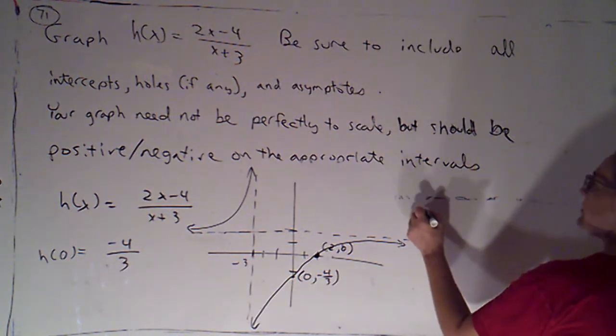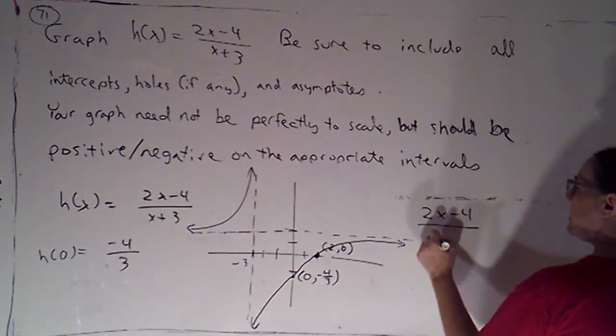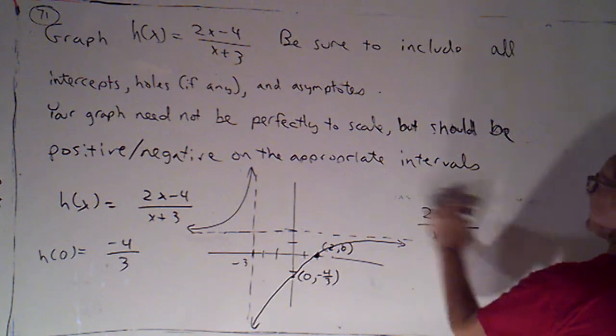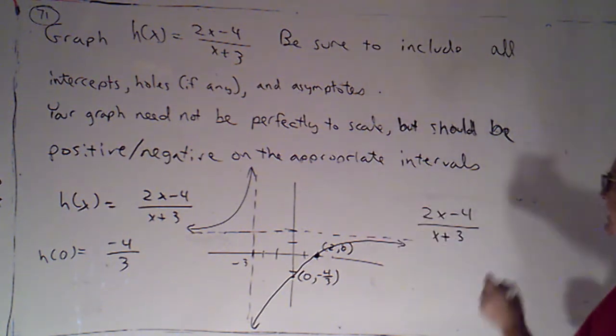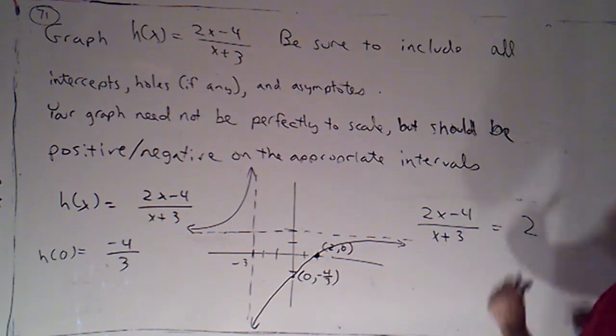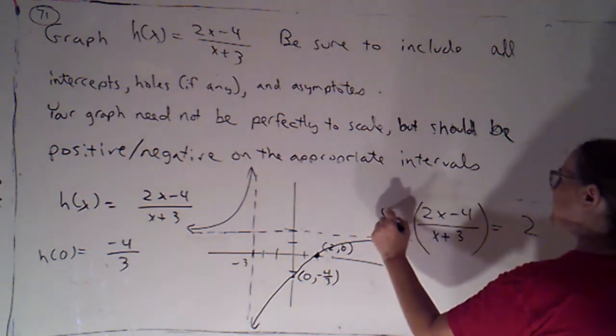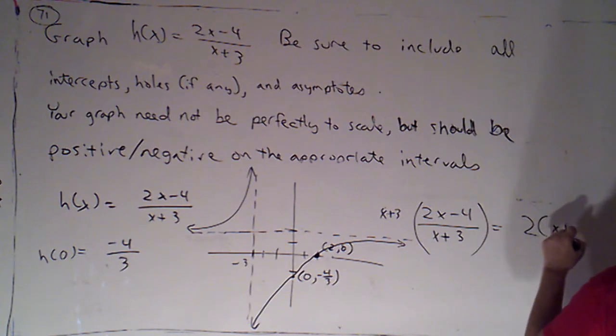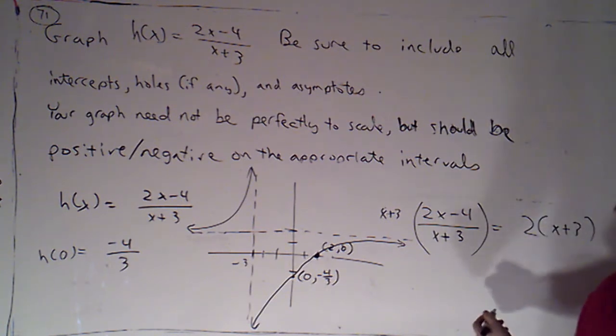Okay, so 2x minus 4 over x plus 3. If we were going to touch that asymptote, that would have to equal 2 at some point. The way I'd solve this is I'd multiply both sides by x plus 3 to get that out of the denominator.